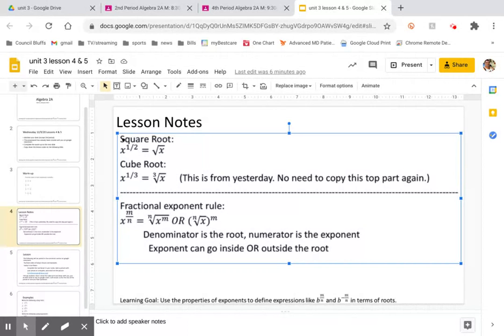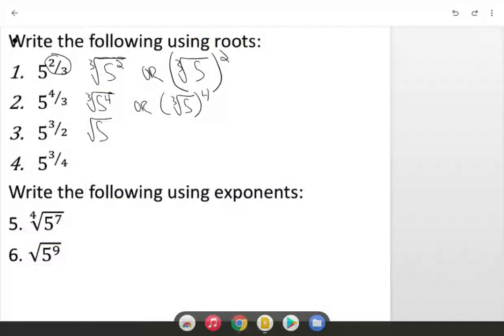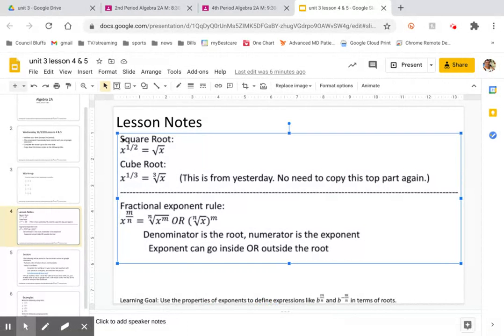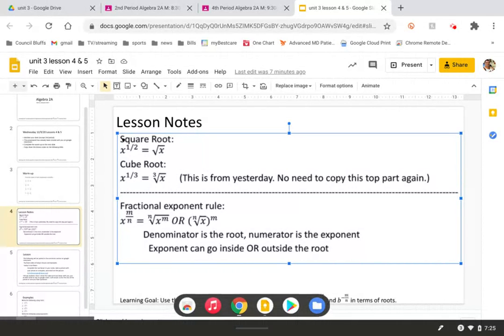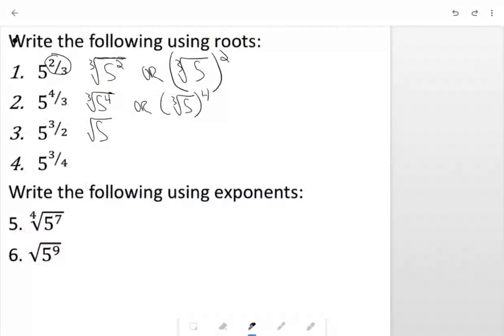And then the numerator, which in this case is a 3, is the exponent. So I could write that like that, where the exponent of 3 is inside the square root, or I could write it where it is outside the square root. So the square root of 5 cubed.